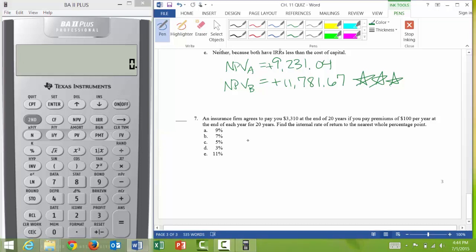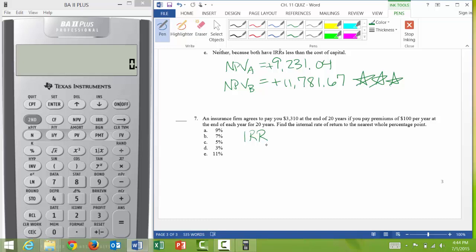So we want to find the IRR, and we can enter this into the cash flow register the way that this is. You could also do the time value of money keys, but let's go ahead and do the cash flow register.